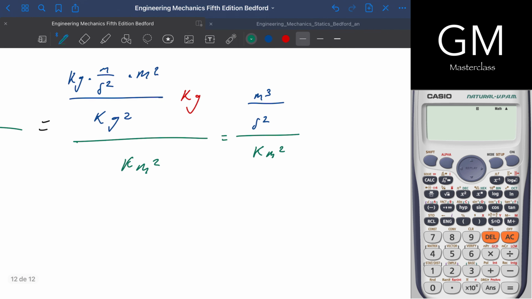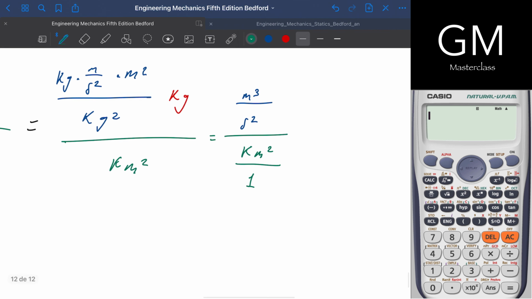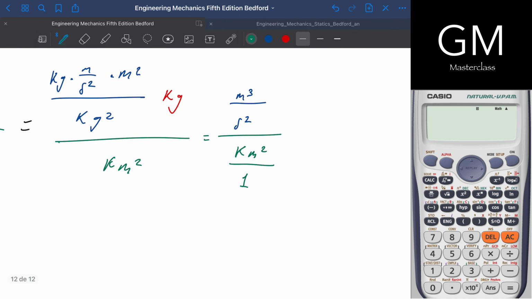And I could assume that these kilometers are divided by 1, right? Because if I divide by 1, I'm not doing anything, but that works for me to understand this operation of units. Now, for those of you who didn't understand what I did here, I'm going to repeat.